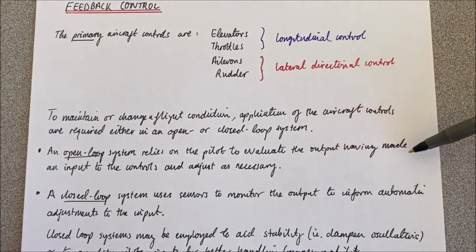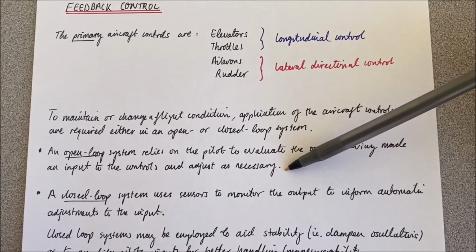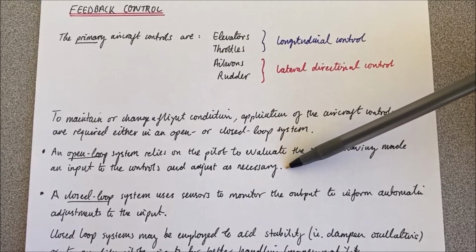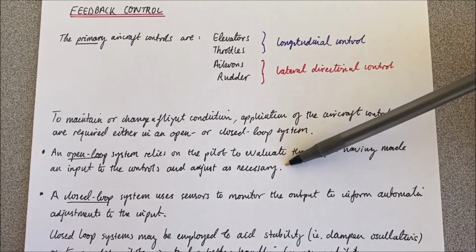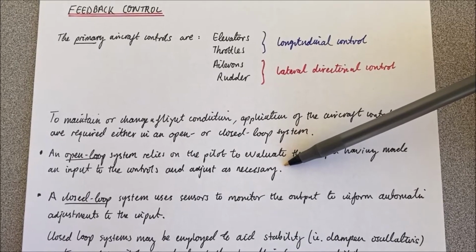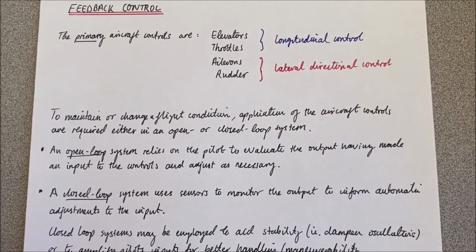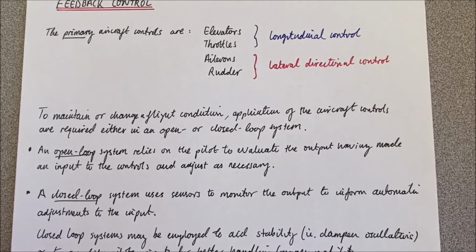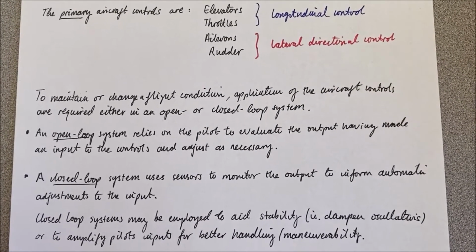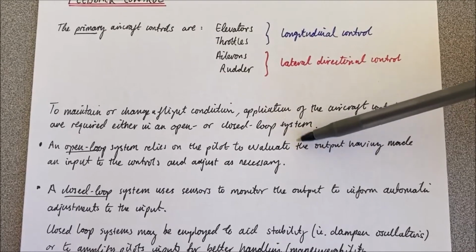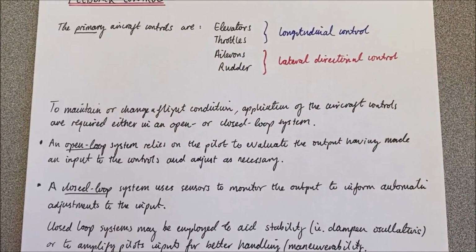We're going to talk about this a bit more specifically in a moment, but essentially the pilot would manipulate the controls, monitor or assess or somehow measure using the instruments how the aircraft has reacted to that control input, and then analyze and make decisions on whether those control inputs were successful or not for the desired flight condition, right? So that requires a constant reassessment of this open loop system where the pilot themselves has to make these judgments.